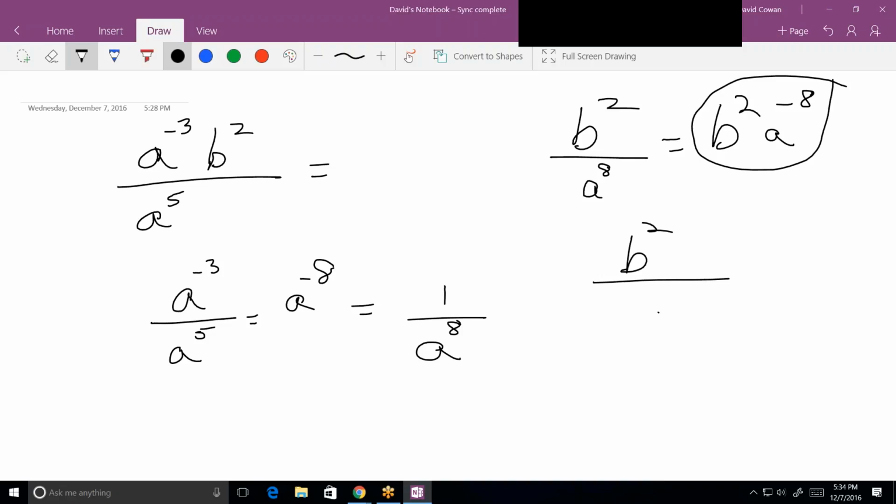If I had a to the minus fifth, I can immediately take that and put it in the numerator so that it's a to the positive fifth, as long as there's nothing else going on. Now, if I had that being squared, that's a different story. Then I would want to do the squaring first before I fiddled with moving it. I wouldn't want to move it if the whole thing was being squared. You can't do that.